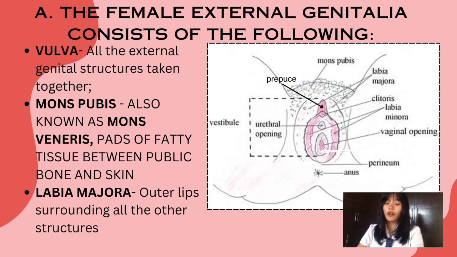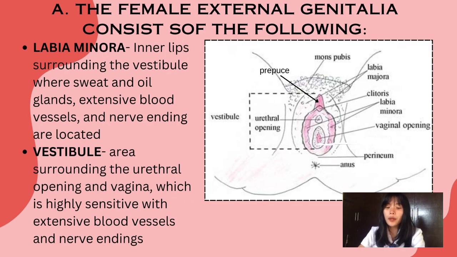Mons pubis, also known as mons veneris, is a pad of fatty tissue between the pubic bone and the skin. Labia majora is the outer lips surrounding all the other structures, the outer lips of the vagina. Labia minora is the inner lips of the vagina, surrounding the vestibule.